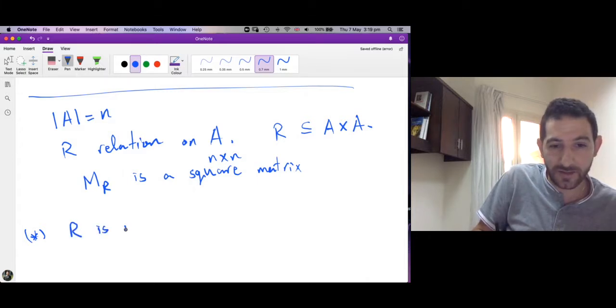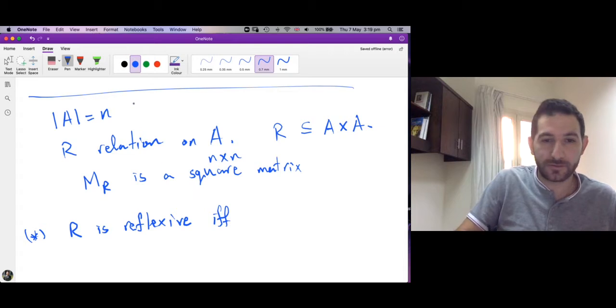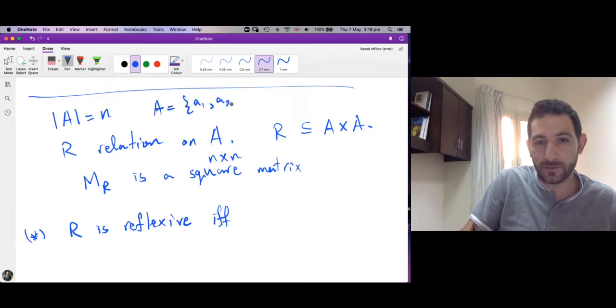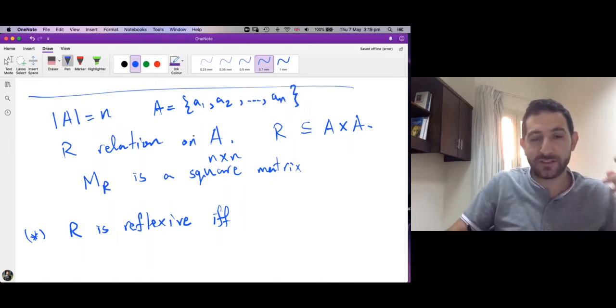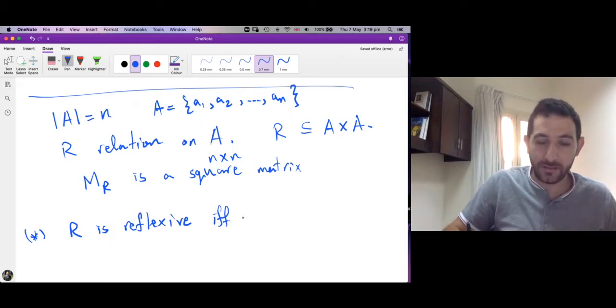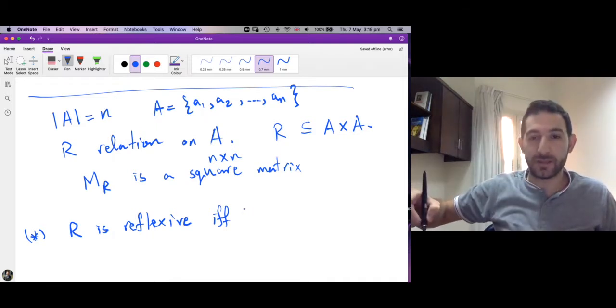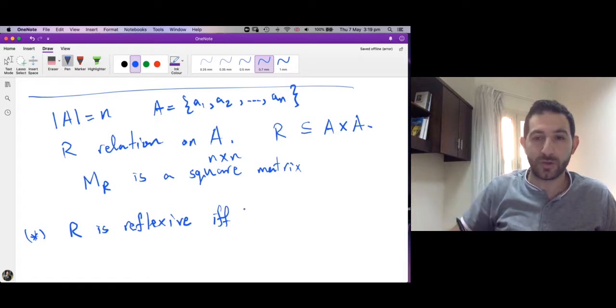So these are observations. R is reflexive if and only if every element, so say A is the set A1, A2 up to AN, so R is reflexive if A1 is related to A1, A2 is related to A2, and AN is related to AN. So this means that the diagonal matrix elements are all ones, right?